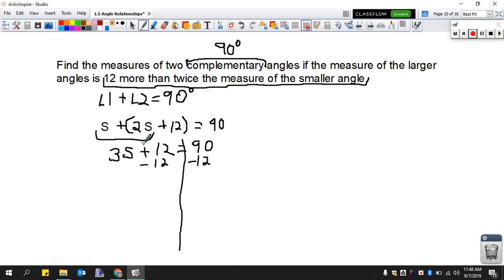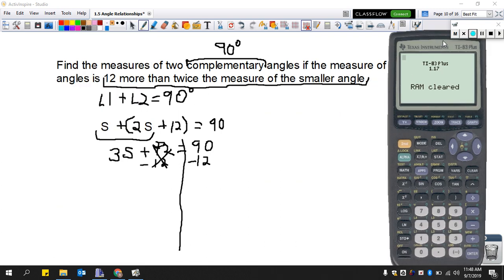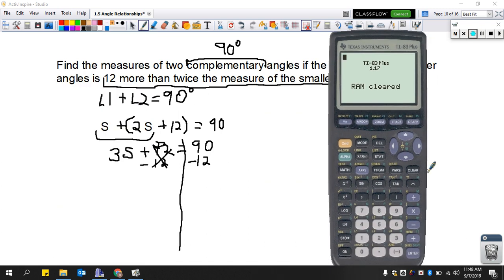The 12s cancel out here. 90 minus 12 is 78.